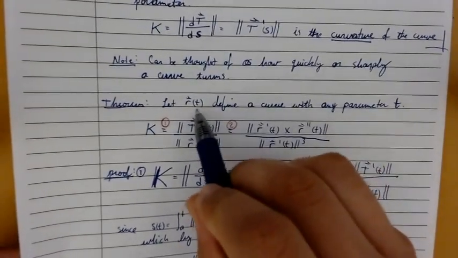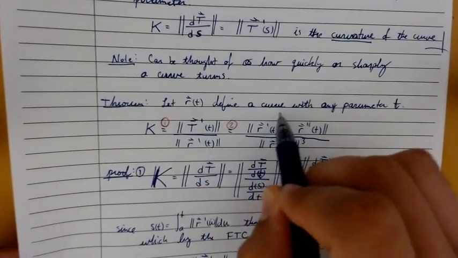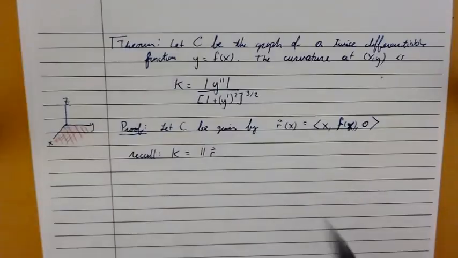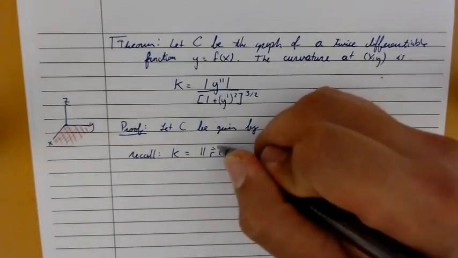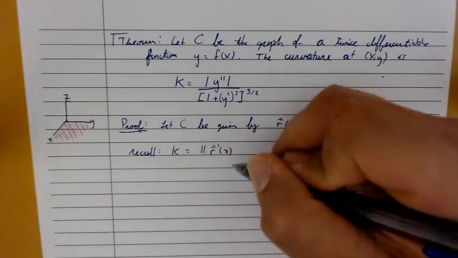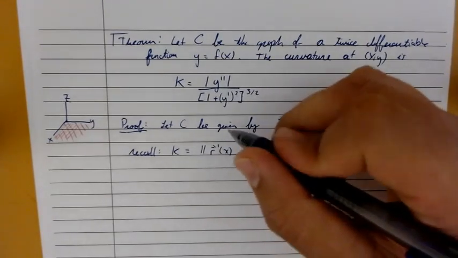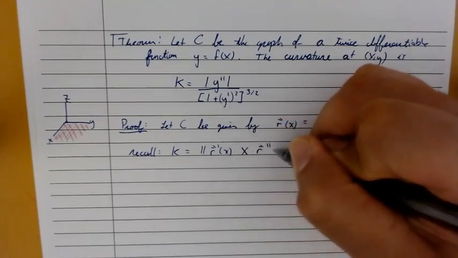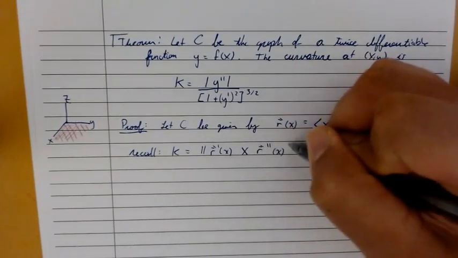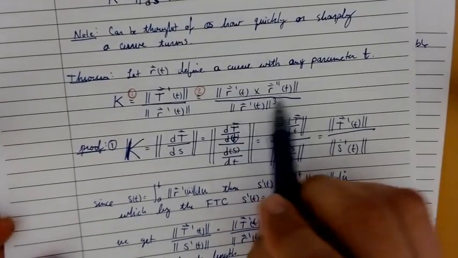So yes, it's R of t with the way it was written here, but the curvature can be of any parameter. And here we're using the parameter x. Okay, so that's fine. That'll be R prime of x crossed with R double prime of x.